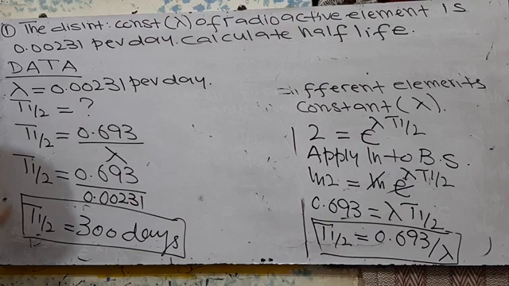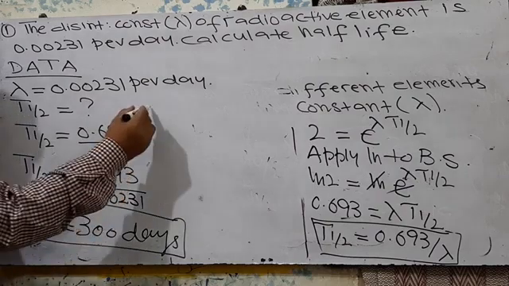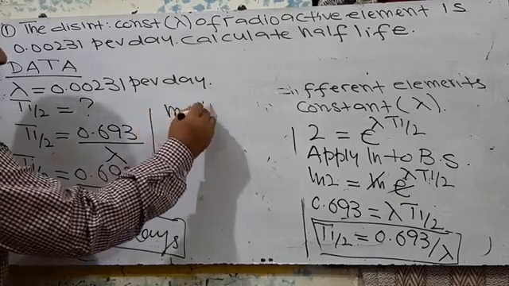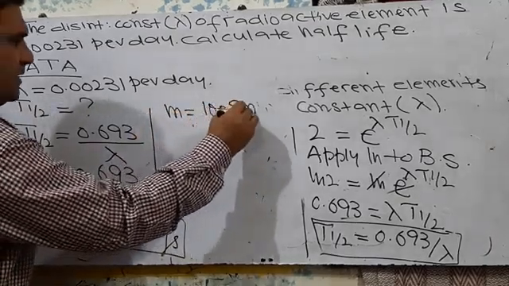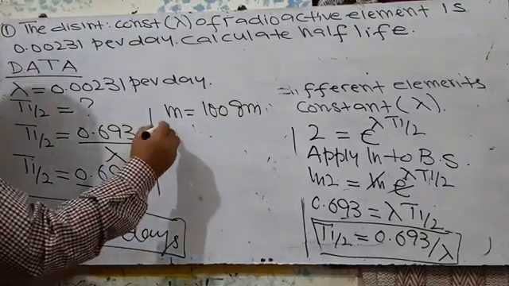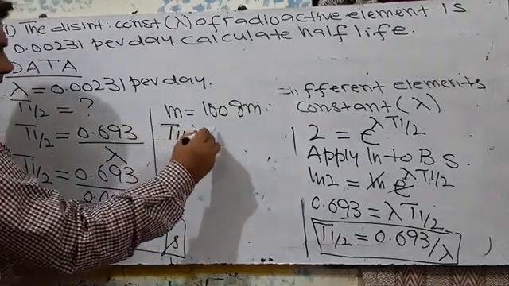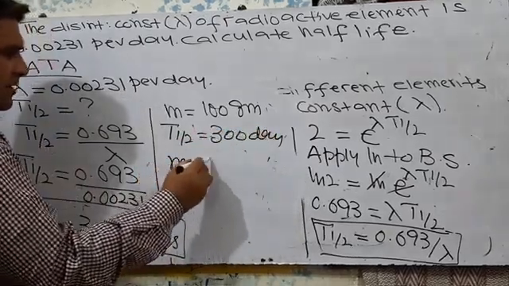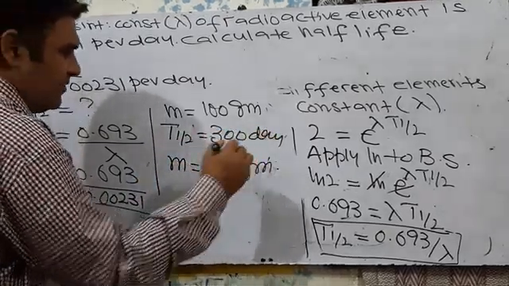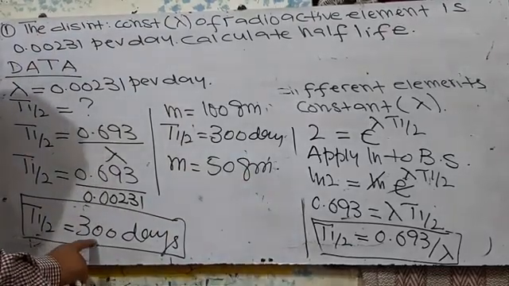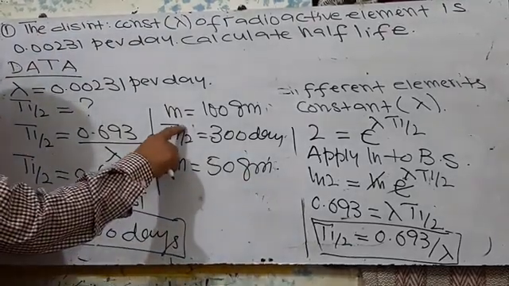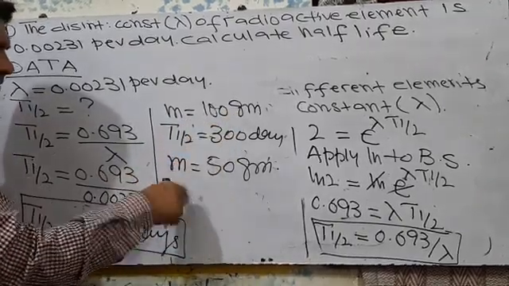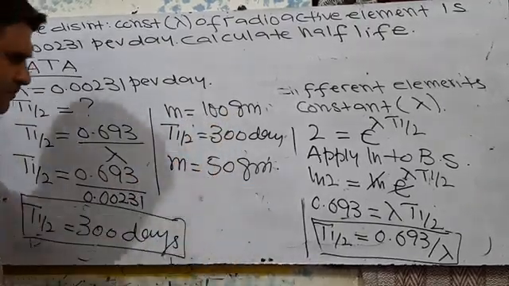Suppose this radioactive element has a mass of 100 gram. So after 300 days, its mass will be 50 gram. Means after 300 days, this element whose mass is 100 gram, its mass will be 50 gram.